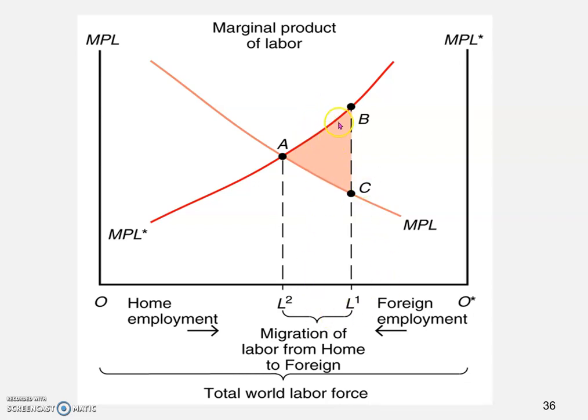So we find that this process will continue until they both hit point A. At that point, the real wage in both countries is equal, so there's no incentive for people to continue moving across the border.